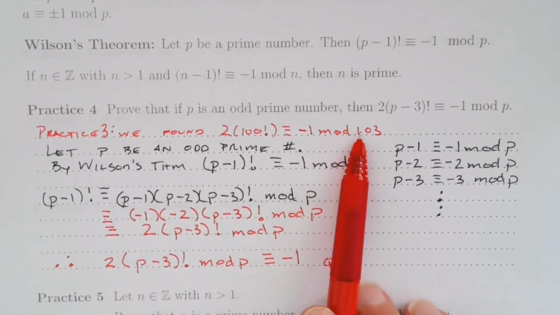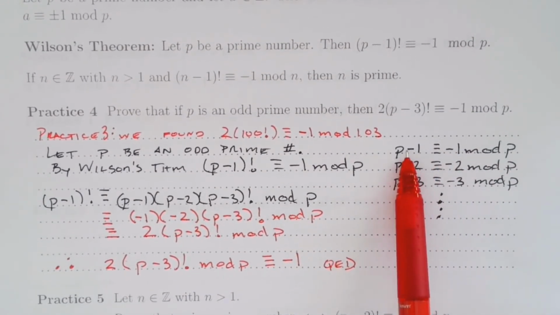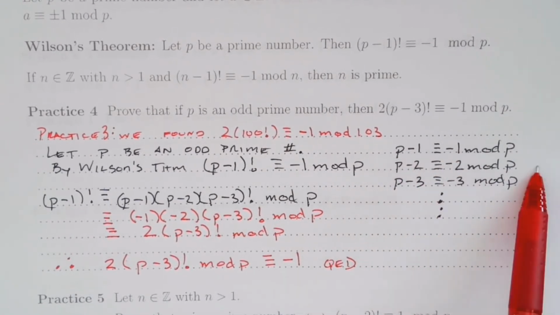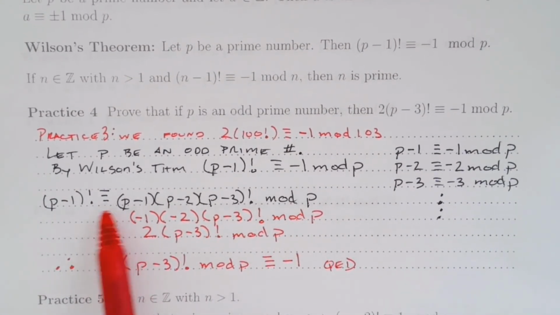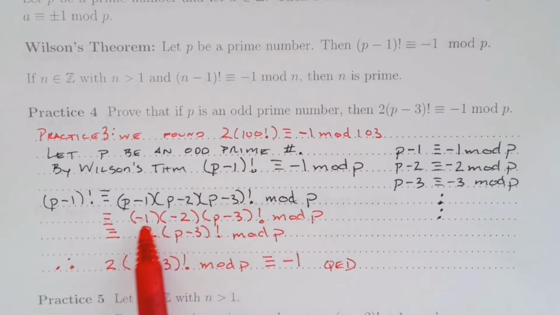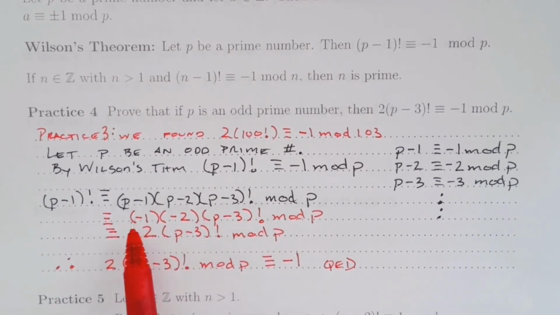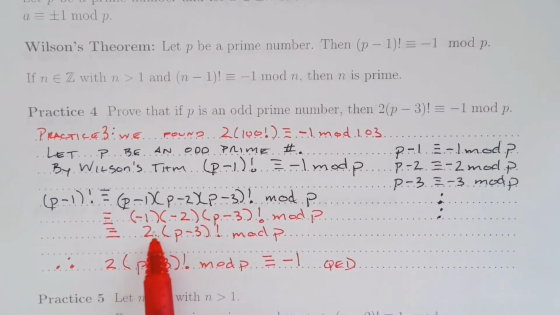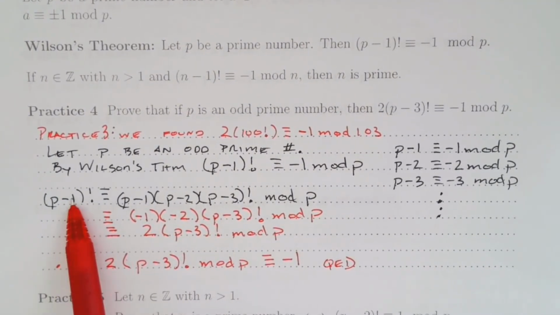So a very efficient approach to this proof, based on this recognition that p minus 1 is negative 1 mod p and p minus 2 is negative 2 mod p. If we use Wilson's theorem, simply rewrite our factorial, and then use our substitution based on those residues, the negative 1 and the negative 2, well, negative 1 times negative 2 is 2, and 2 times (p minus 3) factorial mod p is equivalent to (p minus 1) factorial.